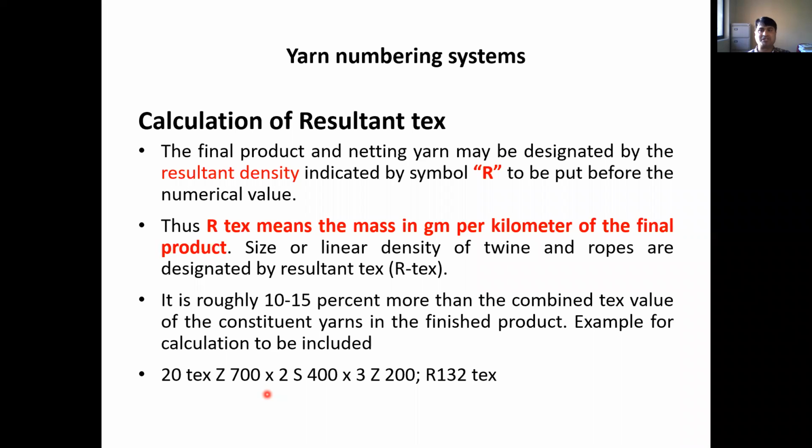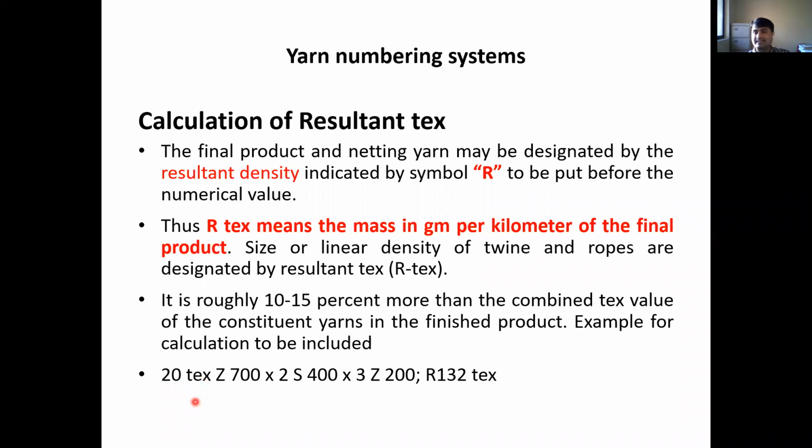We are giving a twist. So twist, yes, we are giving in two directions. One is right-handed direction, one is left-handed direction. Right-handed direction, if it is, then we are designating by capital letter Z. If it is left-handed, then we are designating in terms of capital letter S. So, as per the answer, 20 tex of single yarn.